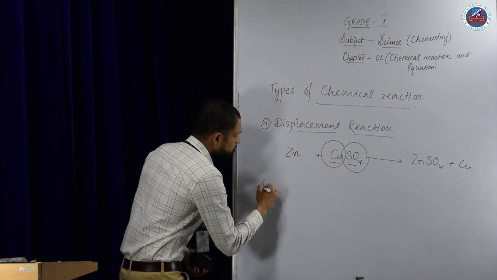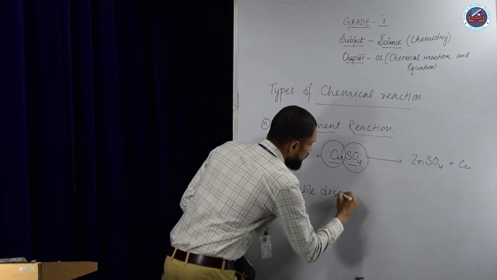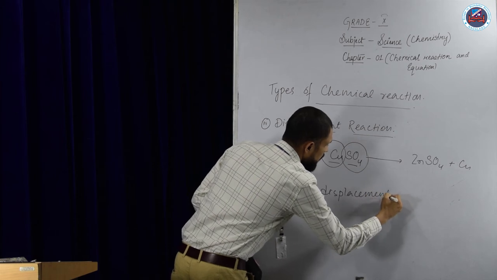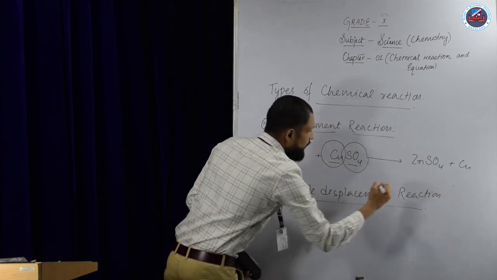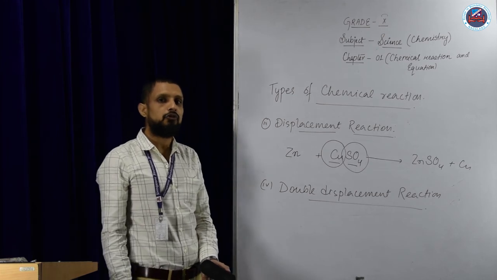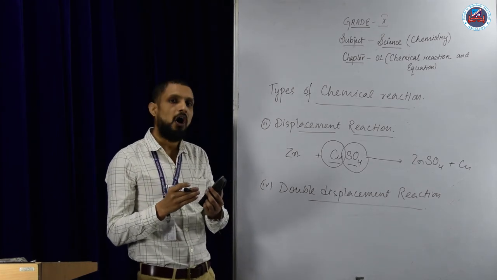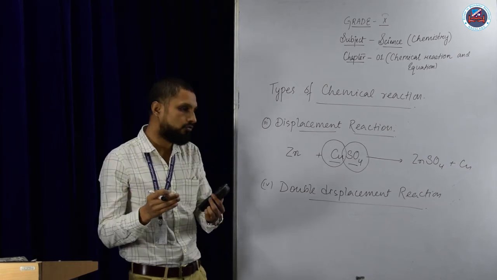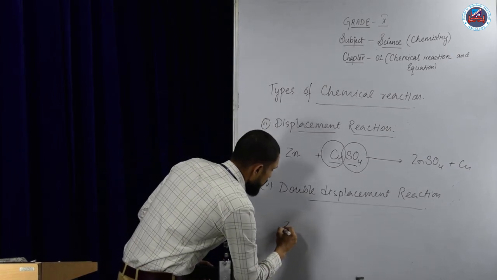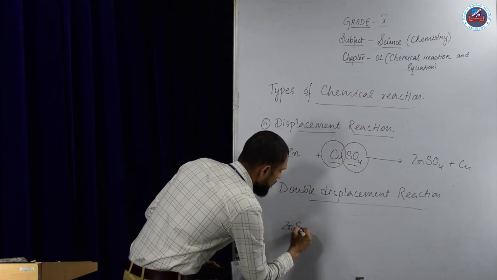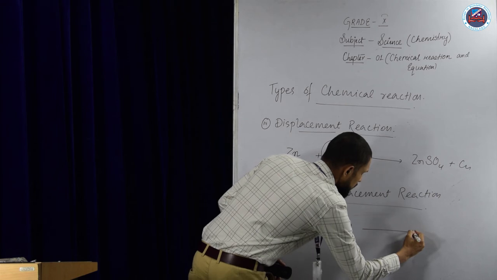Next is double displacement reaction. Now in case of double displacement reaction, there is exchange of cations in the compounds involved on the reactant side. So let us take this example. ZnSO4 plus HCl.